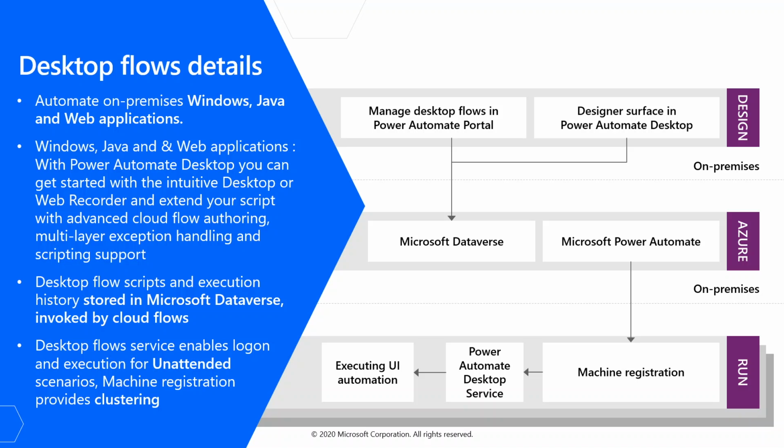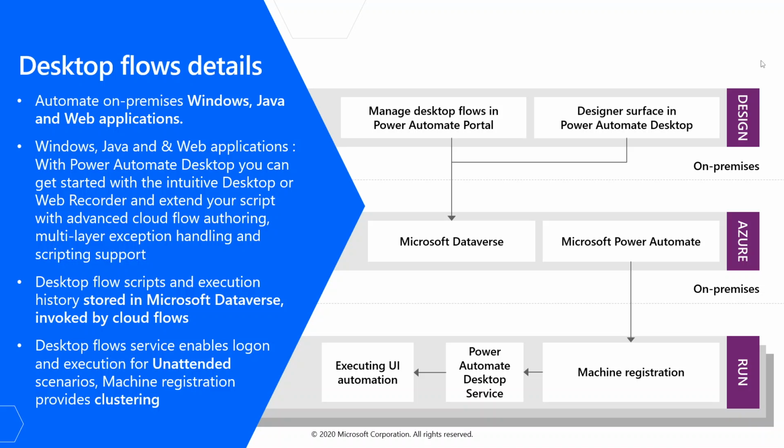First thing is around where these particular things are stored. So for Power Automate Desktop, obviously you can automate user interfaces, but where is the data stored for those desktop flows?